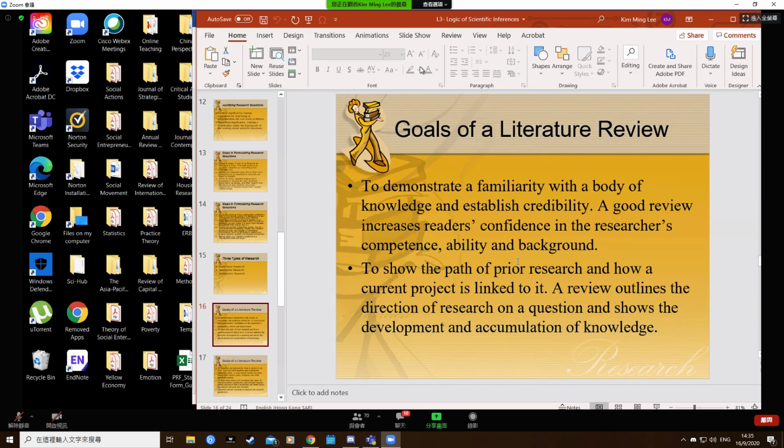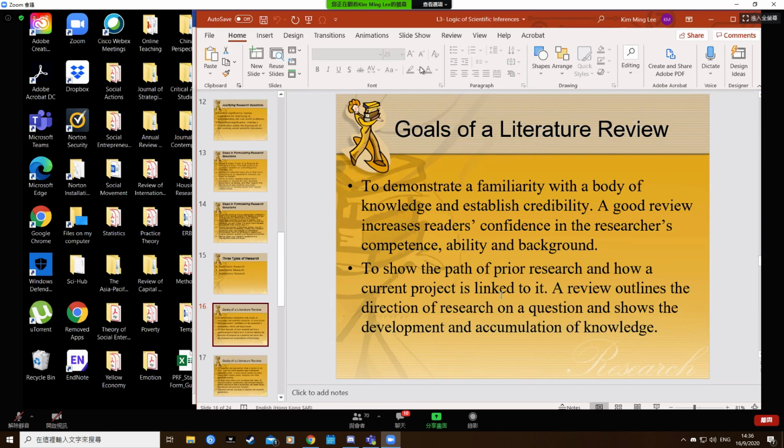You do the literature review to demonstrate that you are actually familiar with the studies. Okay, you know how other people think. You know what happened. You know the knowledge gap within it. So this is one of the goals, to convince others, to let other people give you money to do your research. Okay, and it is also to show the path of prior research and how the current project is linked to it.